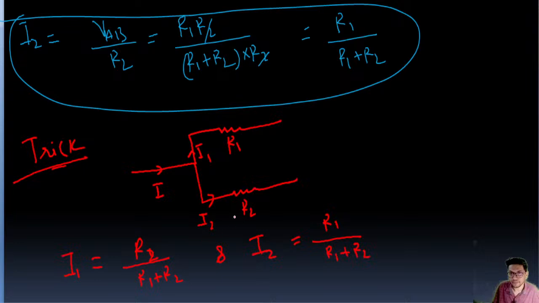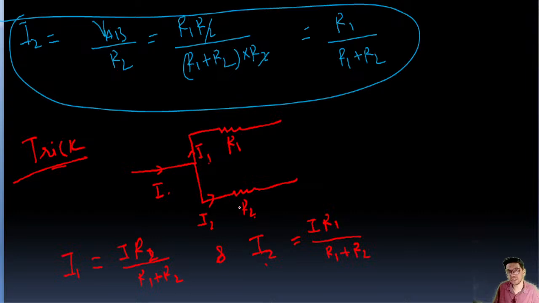I is the total current. So to find I1, we need I into R2 upon R1 plus R2. And if we have to find I2, it means I into R1 upon R1 plus R2.